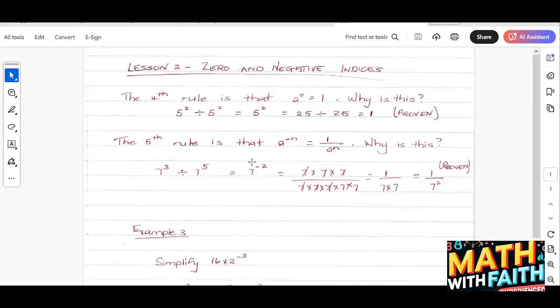So the fourth rule is that a to the power 0 is equal to 1. Now, we are going to prove that this is true. Why are we saying that anything to the power 0 is equal to 1? Let's do it with an example of 5 squared divided by 5 squared.